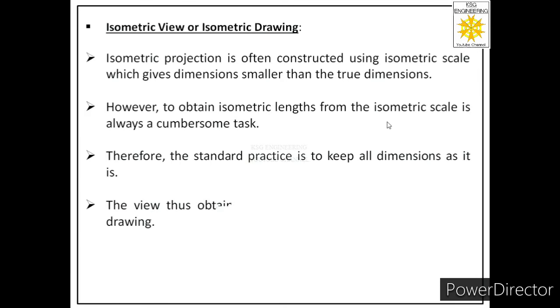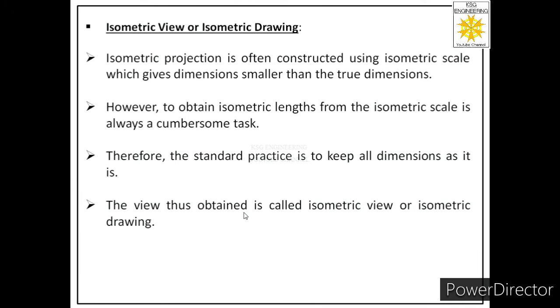So in that case, the view thus obtained is called isometric view or isometric drawing. So what we have done? We have followed all the fundamentals of isometric projections, but while drawing those projections, we are not reducing actual dimensions to isometric lengths, to get rid of this cumbersome task.